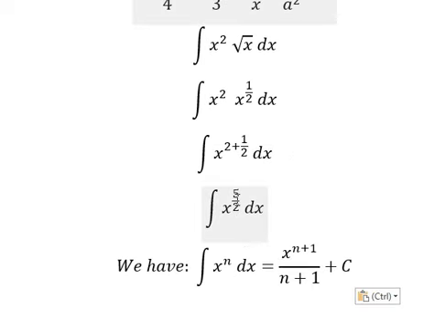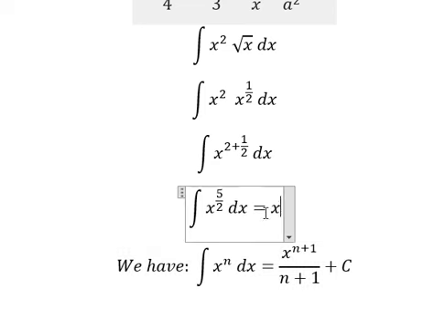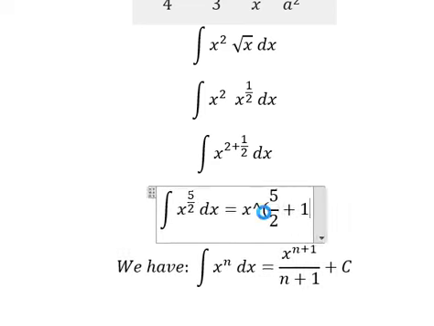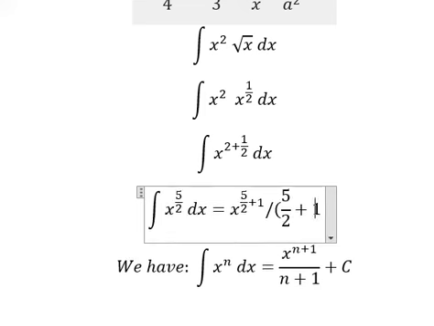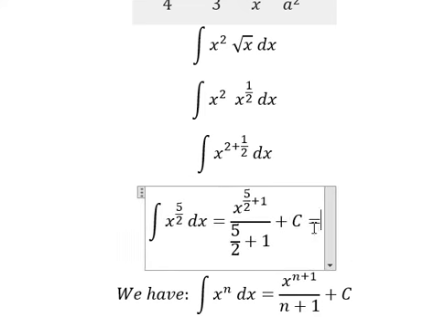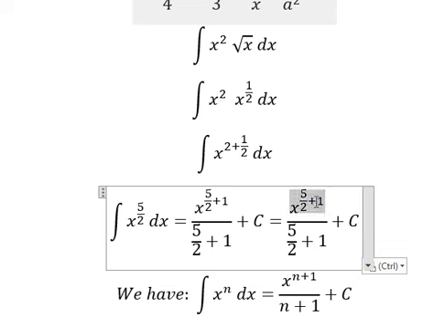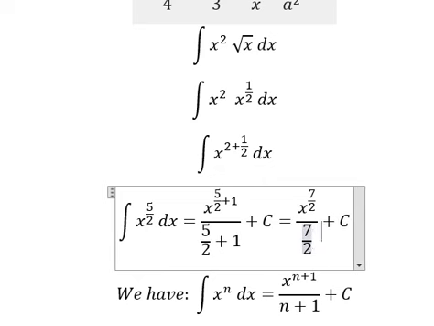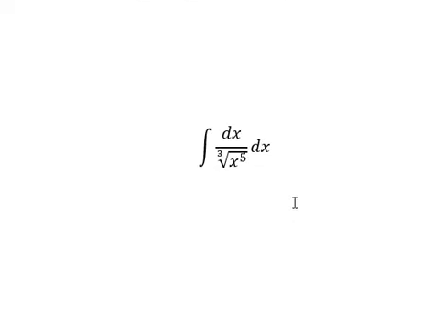So I will put 5 over 2 on here. So for this one, we have 7 over 2. And that is the final answer.